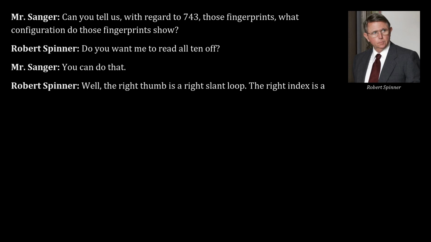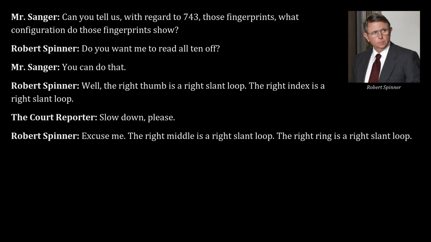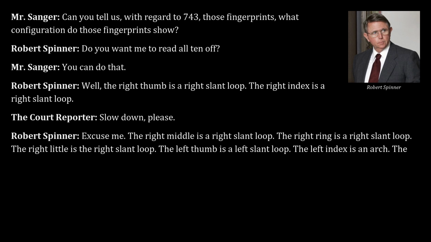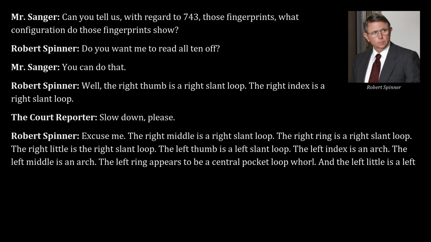The right index is a right slant loop. The right middle is a right slant loop. The right ring is a right slant loop. The right little is a right slant loop. The left thumb is a left slant loop. The left index is an arch. The left middle is an arch. The left ring appears to be a central pocket loop whorl. And the left little is a left slant loop.